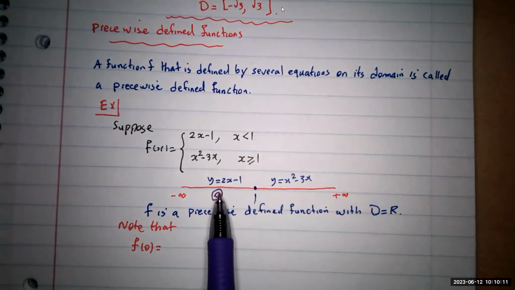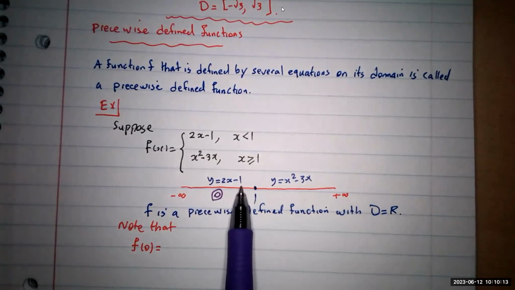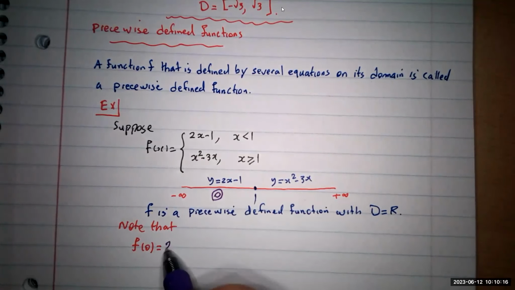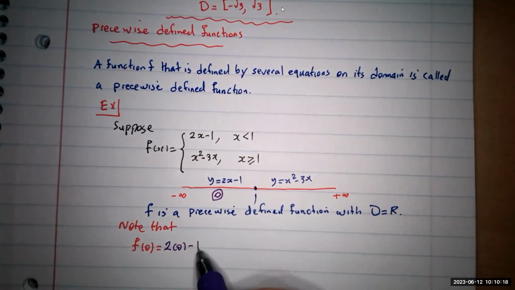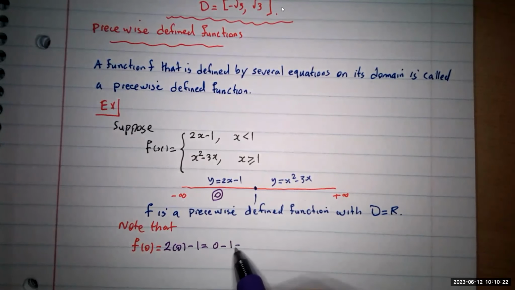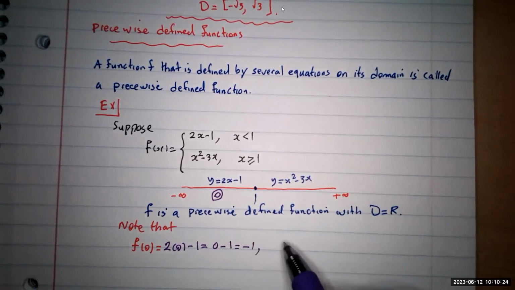So the function uses this formula: 2 times 0 minus 1. That gives you 0 minus 1, which is negative 1. So f of 0 is equal to negative 1.